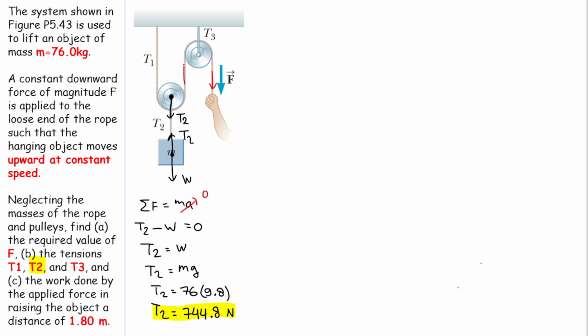So this one is going upward like this, and we name that T3. However, this is still the same rope, so I will have F equal to T3. Also it is still the same rope here, but this one is named T1. So I will have T1 going there, but it is still the same force. So F is equal to T3 and also equal to T1.